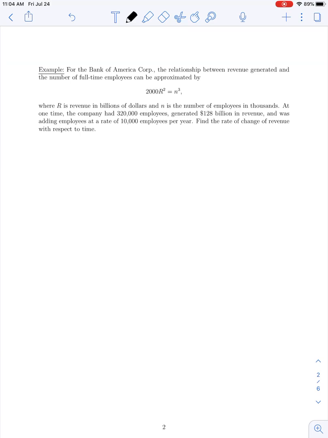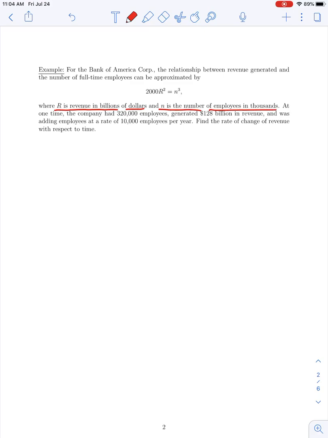So in our next example, we're told for the Bank of America Corporation, the relationship between revenue generated and the number of full-time employees is approximated by the following equation, where R represents revenue in billions of dollars, and N is the number of employees in thousands.